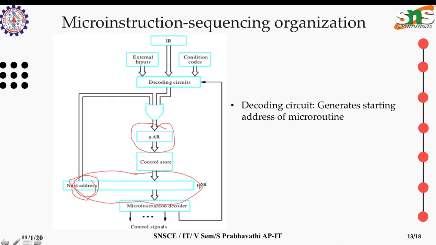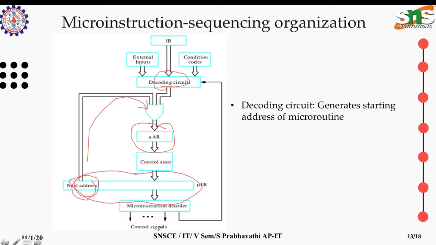The current instruction gives the address of the next instruction, so it is given to the OR gate, or at the very first time the starting address is generated by this decoding circuit. Okay, so these are all about generating the control signals. It is not for calculating, it is not doing any ALU operations.